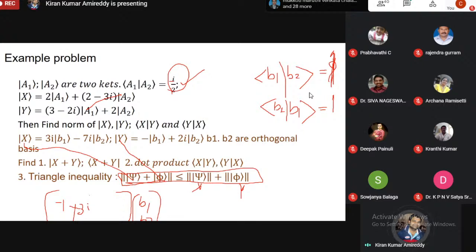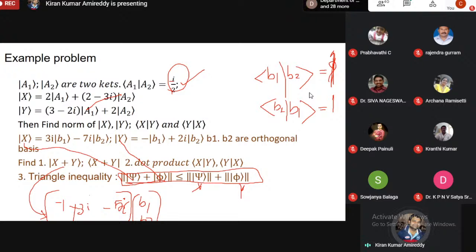So 3i minus 1, that is minus 1 3i, and b2 is minus 5i. So this is the value. I'm trying to represent it in a matrix form so that you can easily solve using even an Excel sheet or the MATLAB code when you are having multiple systems in it.